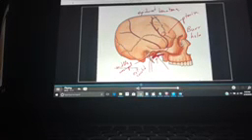Okay, so what else? And then you have the arterial supply to the brain. As I mentioned earlier, you have your vertebral arteries. Remember, these are the blood vessels that enter the skull via that large opening in the skull, the foramen magnum.